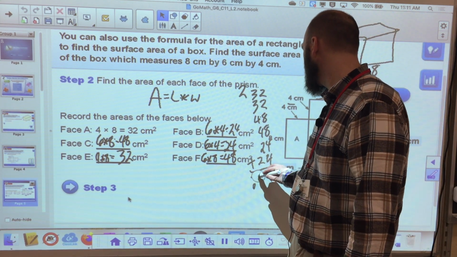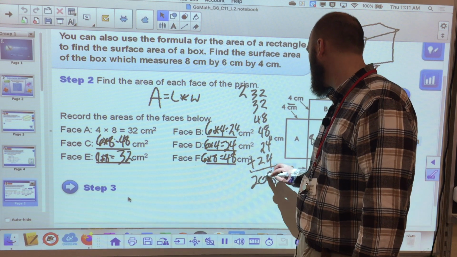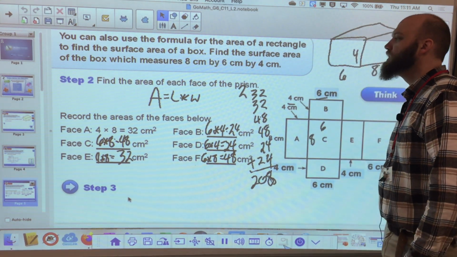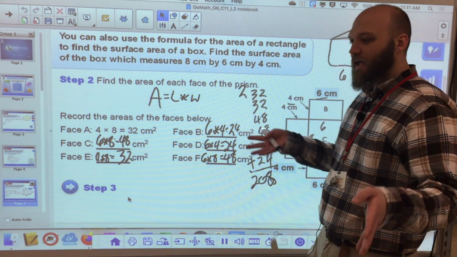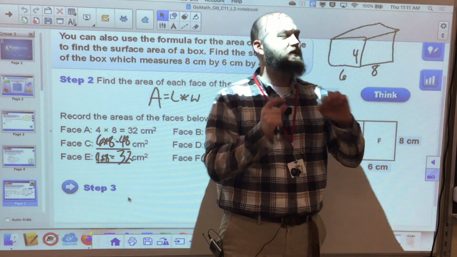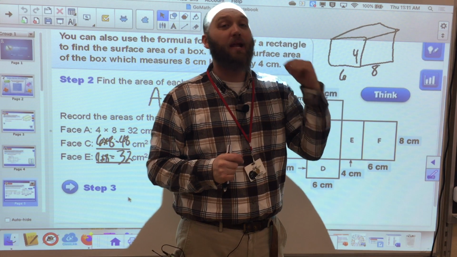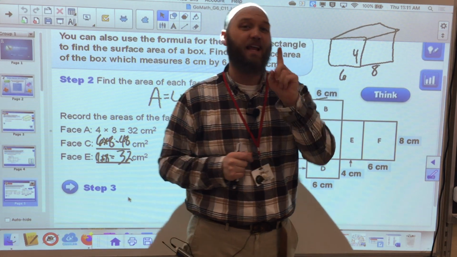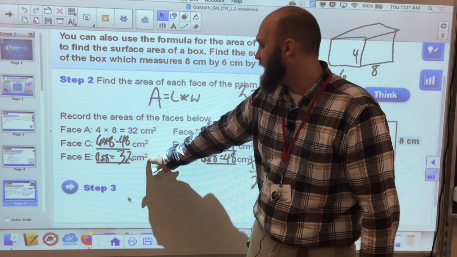I stand corrected. Double check my work. 208. Okay? So, again, looking at my surface area, I need to account for every single surface, not just the 3 that I see. But I can solve for those 3 and realize that every one of those 3 has a partner.